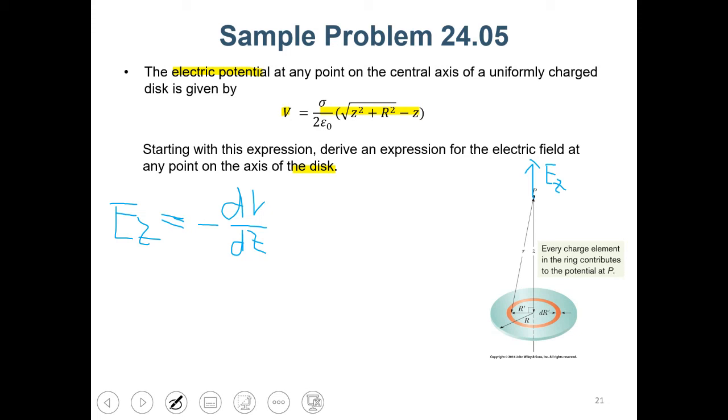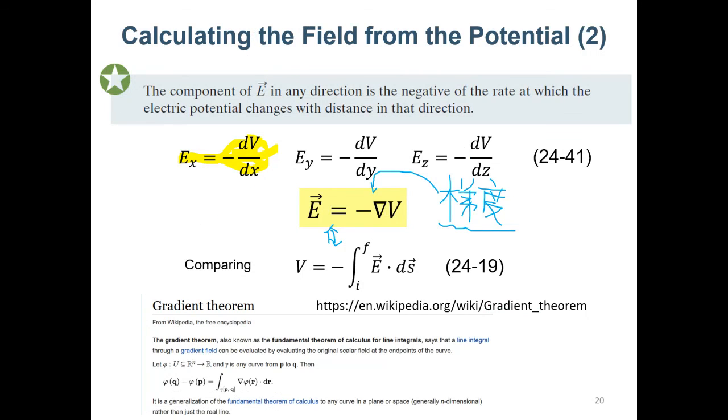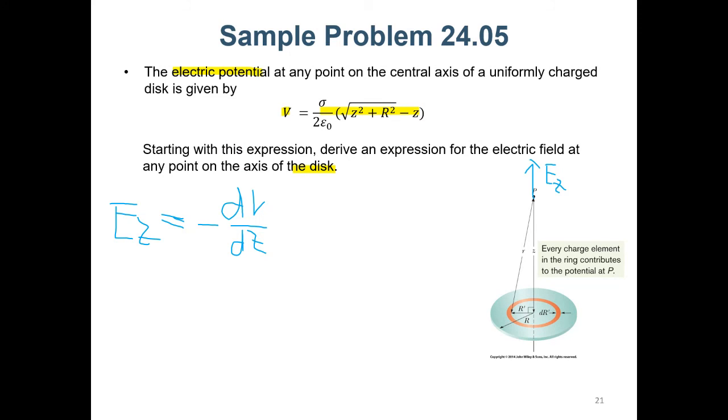Calculating this derivative is quite simple, because it is nothing but negative sigma over 2 epsilon naught, and for this one, you need to use the chain rule.